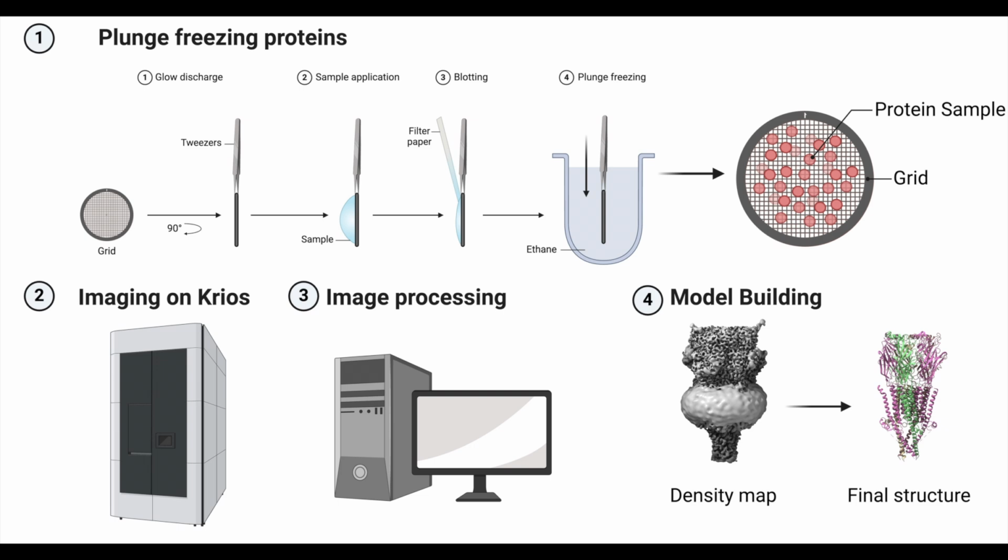Then you do image processing, and then finally model building, where you're taking the electron density map that you found using the microscope. Since the nicotinic acetylcholine receptor has already been solved previously, we already know what it looks like.